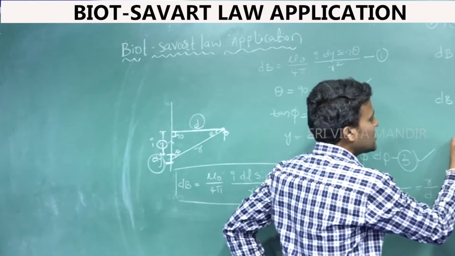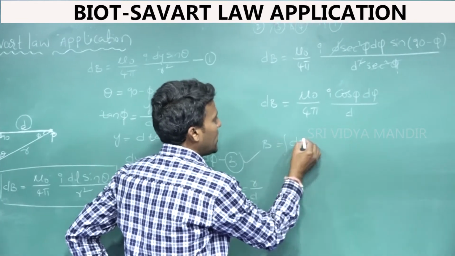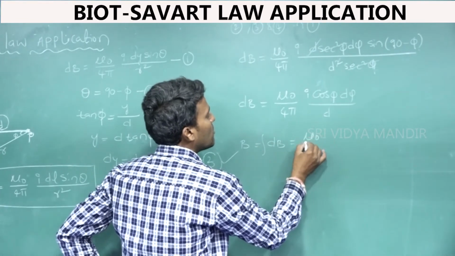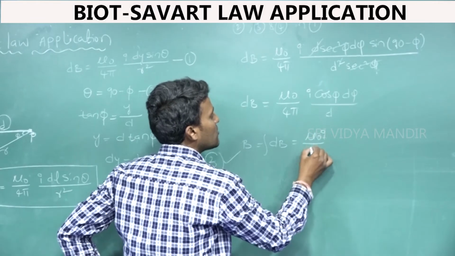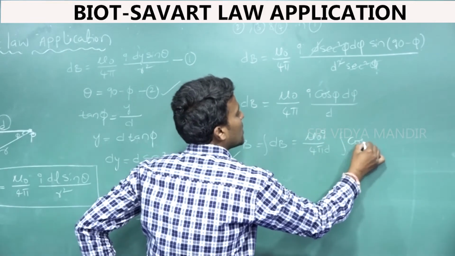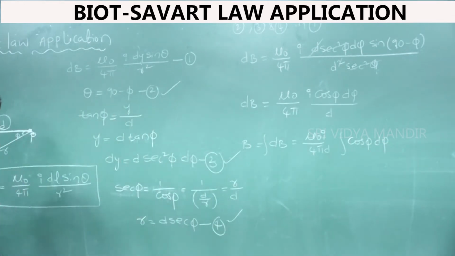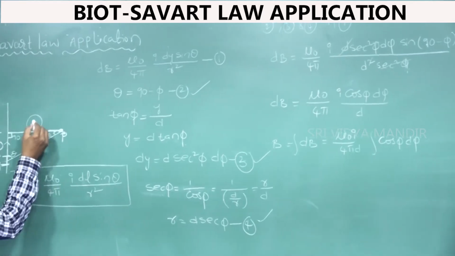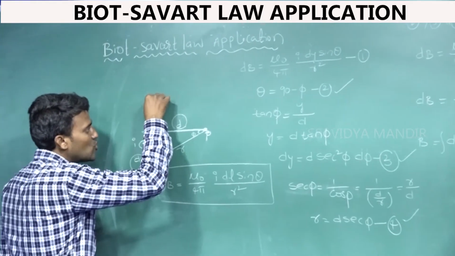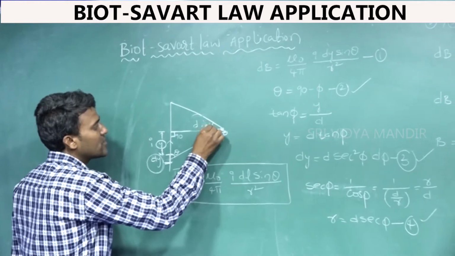When you want to integrate that equation, integral of dB is equal to B. That equals mu naught I by 4 pi, D is the constant, integral of cos phi d phi. And limits, see here, again you have to come here, from 1 and 2, this end is making an angle alpha.